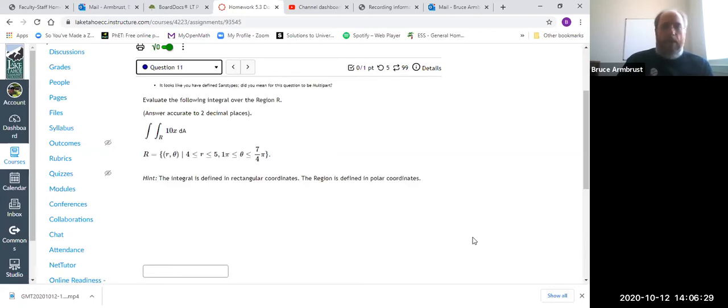Again, this one says we want to evaluate the following integral over region R. We're integrating 10x dA, and our region is given in polar coordinates. Let me write these down real quick so that I can reference them later.